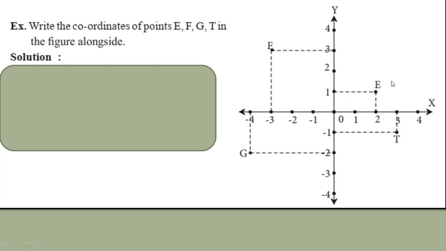So the coordinate of E is (2, 1). The coordinate of F is (-3, 3). The coordinate of G is (-4, -2), because we first write the x coordinate and the second one is the y coordinate. This is a two-dimensional coordinate system. As far as point T is concerned, its coordinates are (3, -1).